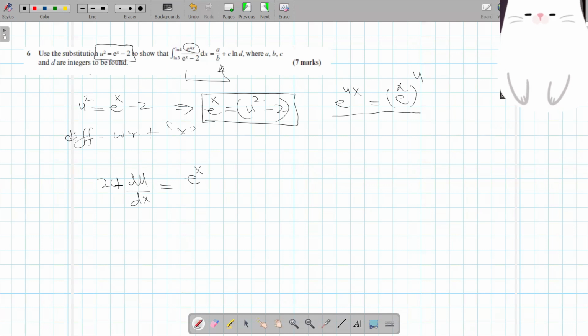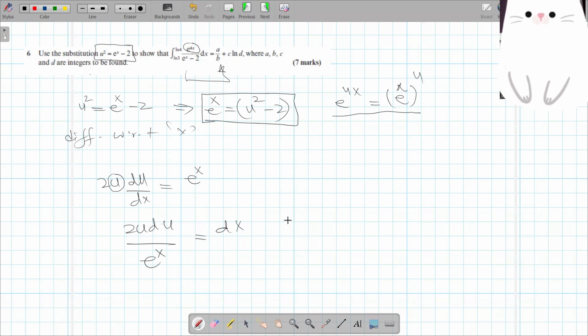What about this u here? We need dx. So dx will be the same, 2u du all over e to the x. Yes, 2u du over e to the x is equal to dx.